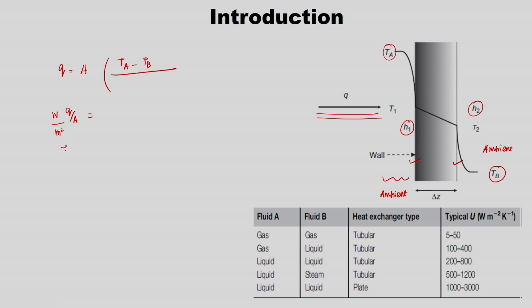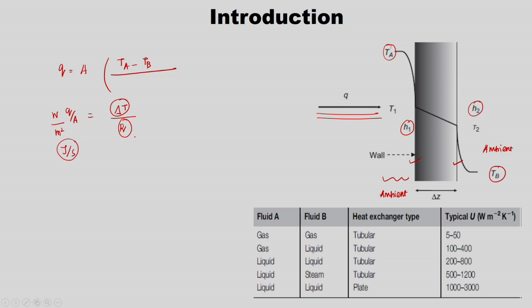So, this watt is nothing but joules per second. So, that means heat transfer rate per meter square, which is nothing but heat flux. Heat flux can be written as a thermal gradient, because in heat transfer it is a thermal gradient. Any flux can be written as a gradient upon resistance. Okay. So, in heat transfer it is a thermal gradient upon the resistance R that we are going to write.